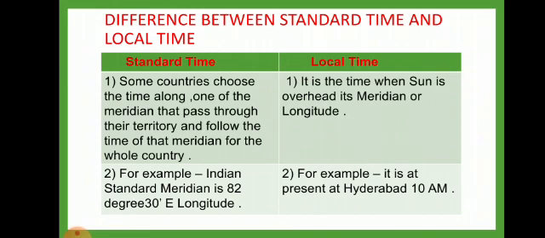Local time: it is the time when the sun is overhead its meridian or longitude. Standard time, second point, for example: the Indian Standard Meridian is 82 degrees 30 minutes east longitude. Local time, second point, for example: it is at present 10 am at Hyderabad.